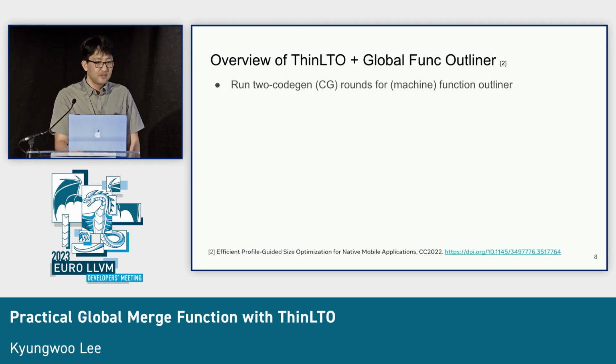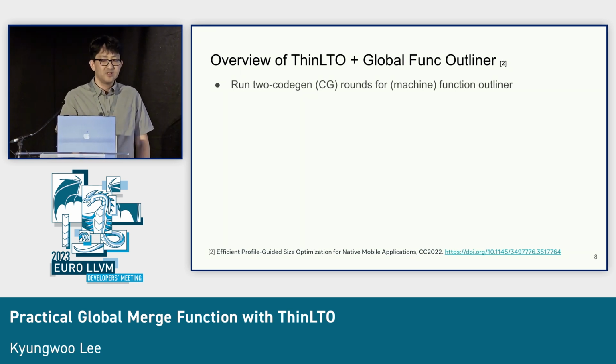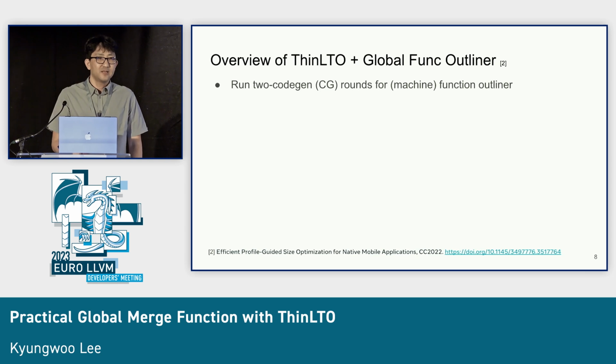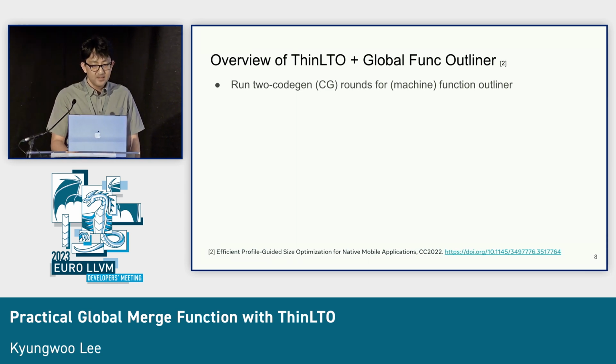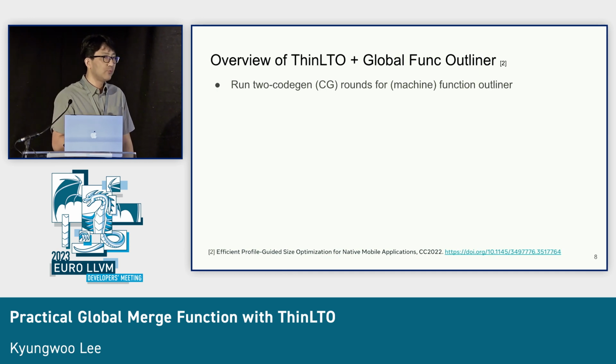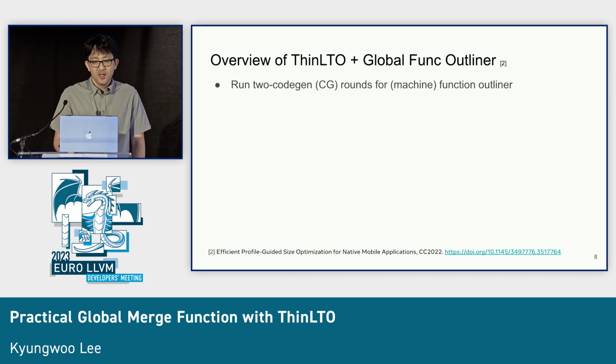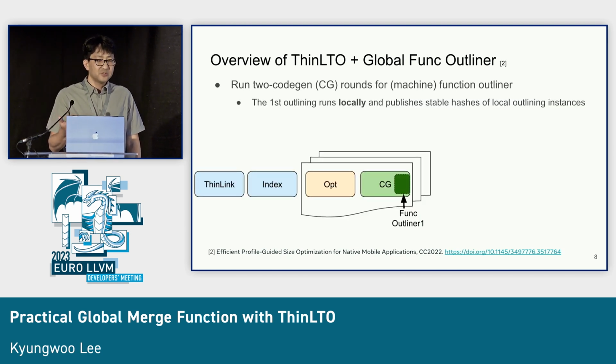Let me just recap how ThinLTO works with the global function outliner that was published at Compiler Construction last year. The key idea is to repeat the machine outliner using a two-codegen-round framework. In the first codegen round, we collect local instances of outlining as usual.